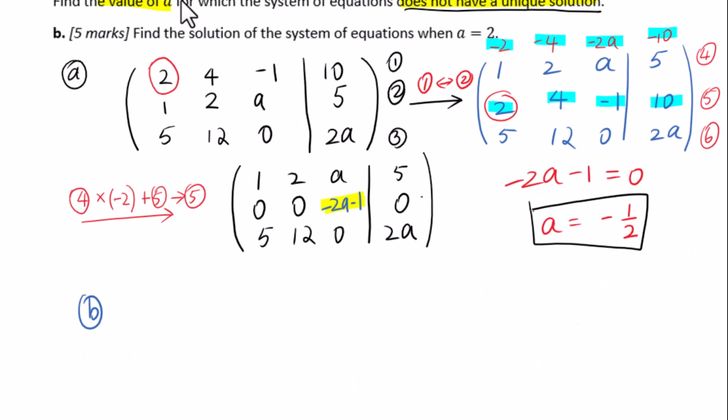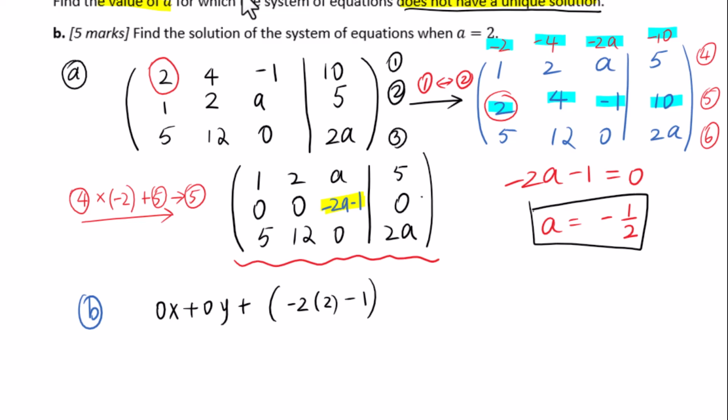Let's go to part B. Find the solution of the system of equations when a equals 2. Let's take advantage of the augmented matrix form of the system of equations. For the second row, 0x plus 0y plus negative 2 times 2 minus 1 z equals 0. Negative 5z equals 0. z equals 0.